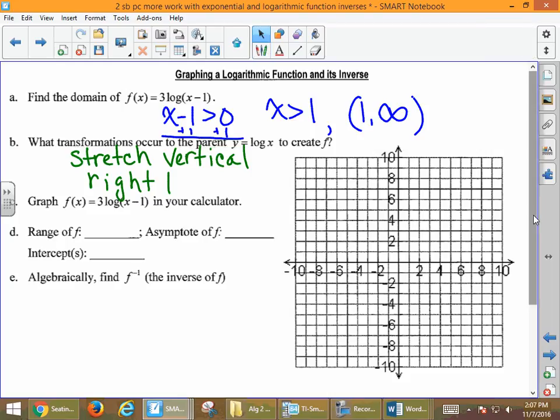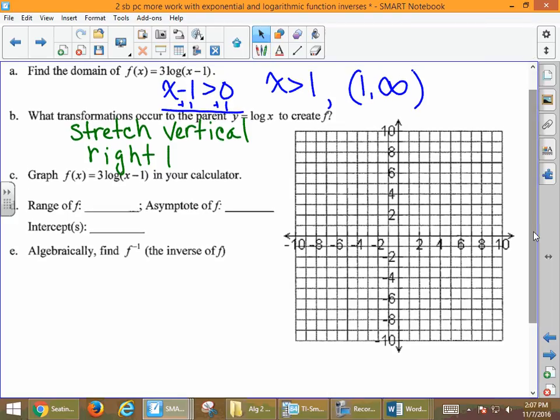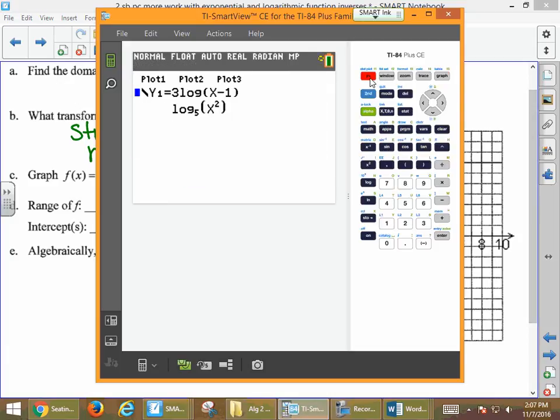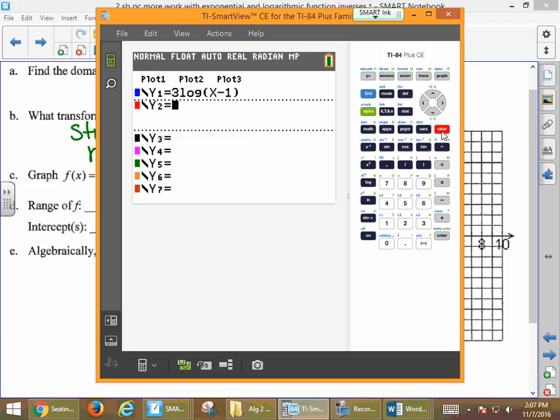So when we come down here to part C, let's type that in our calculator. 3 log of x minus 1. If you have an Inspire, you need to type a 10 in for the base.